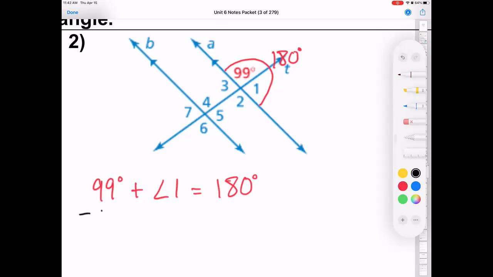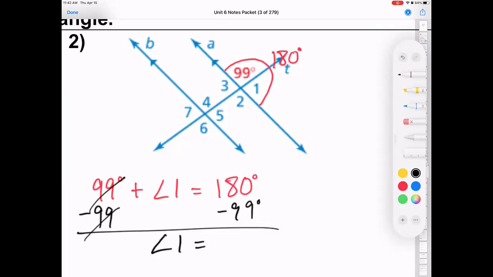Now to solve, we would subtract the 99 over. Here they cancel. Angle 1 is by itself equals, now 180 minus 99, we should get 81. So this angle measure should be 81 degrees. Now from that, you guys can do vertical angles and corresponding.